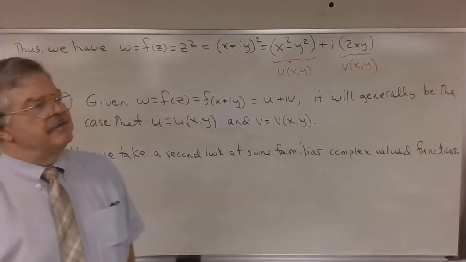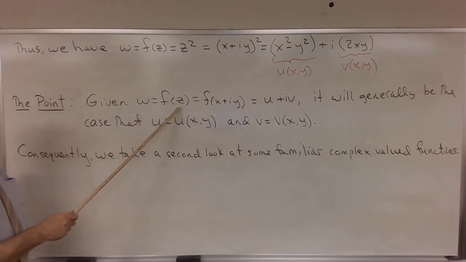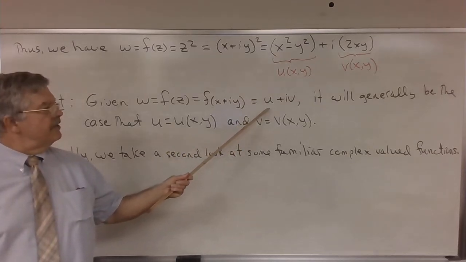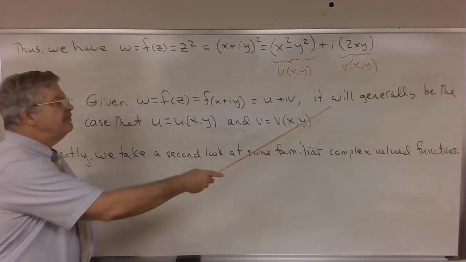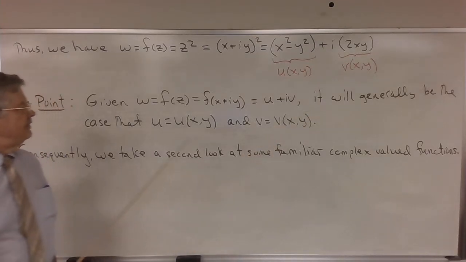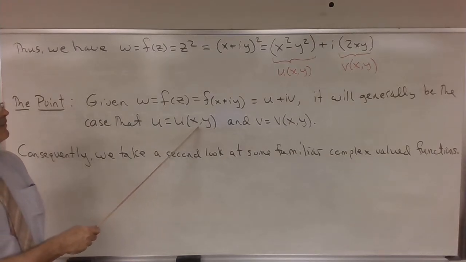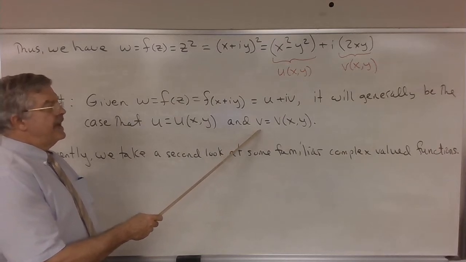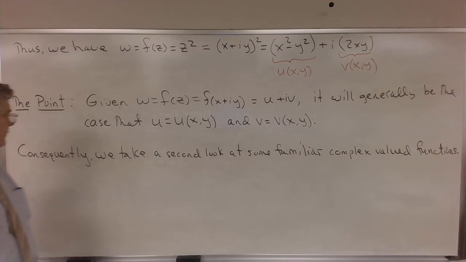So the point of all of this is, if we have w, which is a function of z, x plus iy, and we have real part of w plus i times imaginary part of w, it's generally going to be the case that u, the real part of w, is going to be a function both of x and y, and v, the imaginary part of w, will also be a function of x and y.